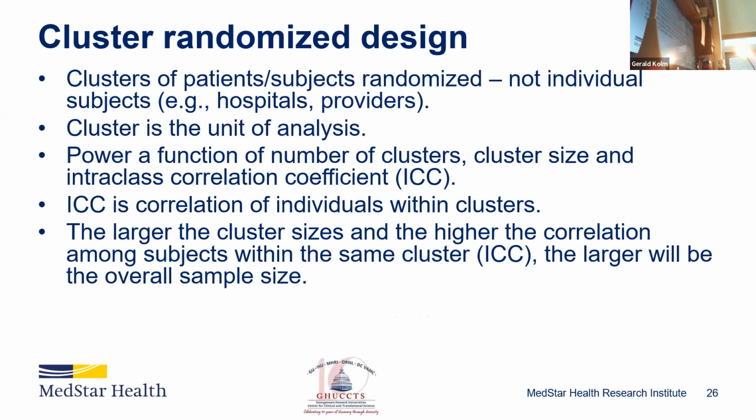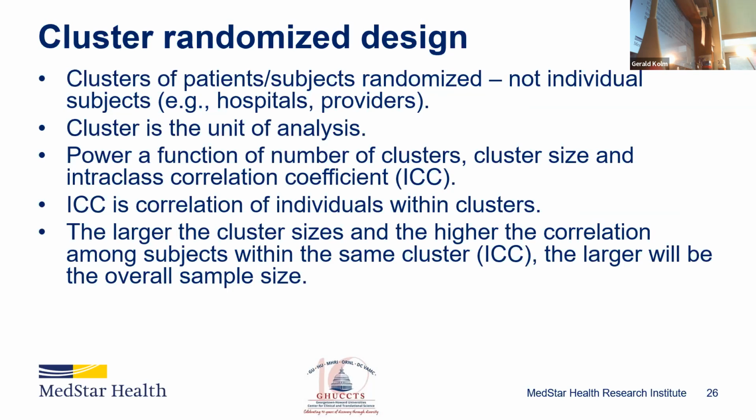Then some designs, instead of randomizing patients, we randomize clusters. So when we do this, then the cluster is the unit of analysis, not individual patients. And so power in this case is a function of the number of clusters.